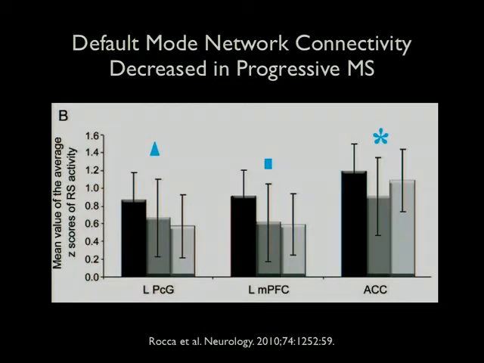So what they looked at was the default mode network, and they also used ICA analysis.